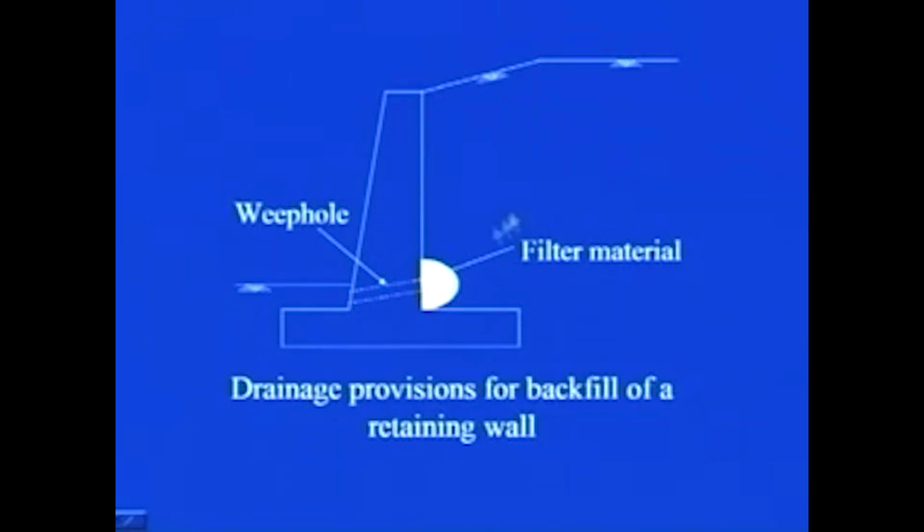So, the pressure is coming from this side, from this soil to the wall. Whatever water is getting generated, the pore water pressure generated due to any reason, that water comes to this filter material and goes out through this weep hole and is drained out.